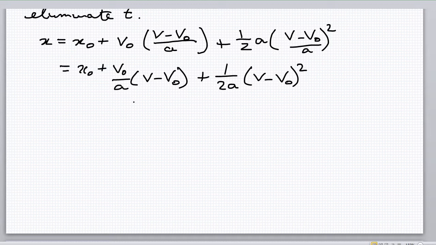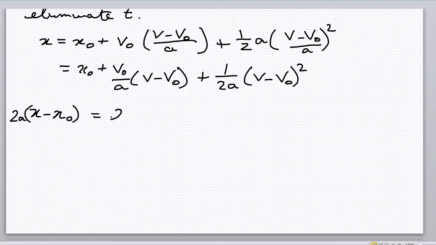Okay. Now what I'm going to do is multiply both sides by 2a. And I'm going to move this one over to the other side first. So it becomes x minus x naught. And I'm going to multiply both sides by 2a.